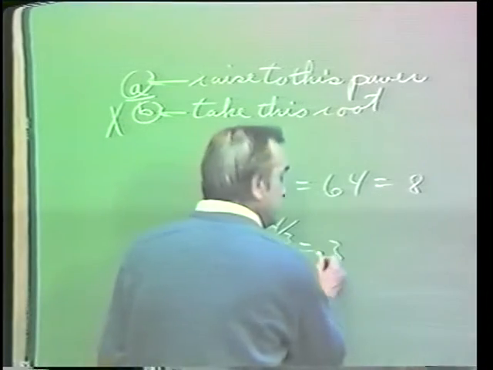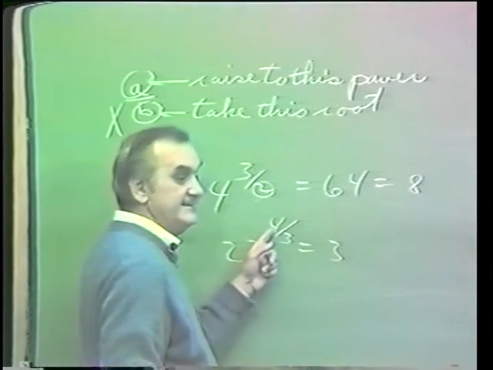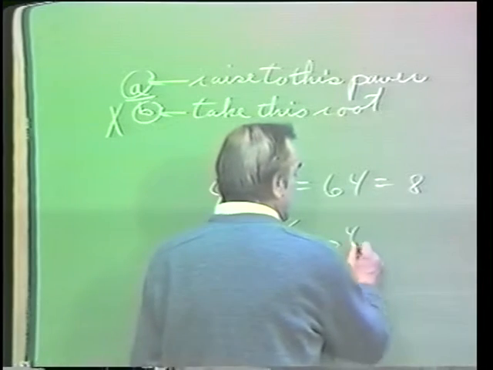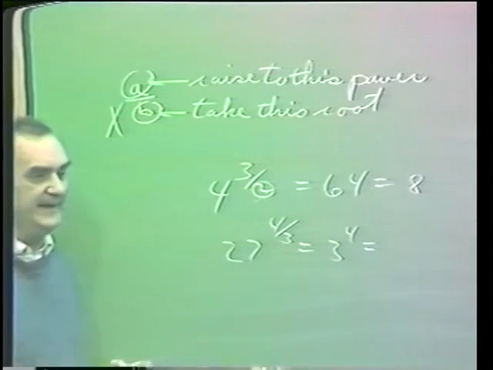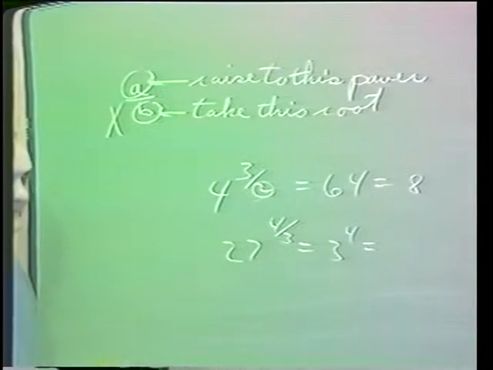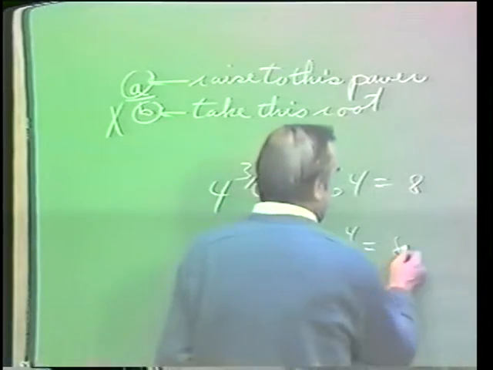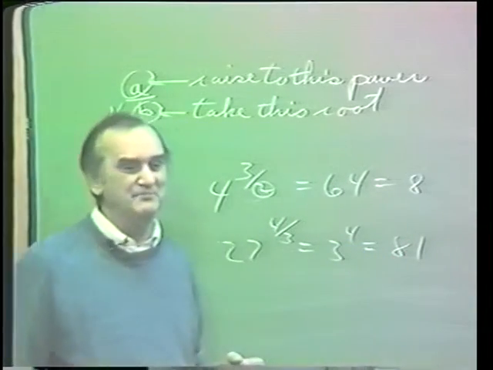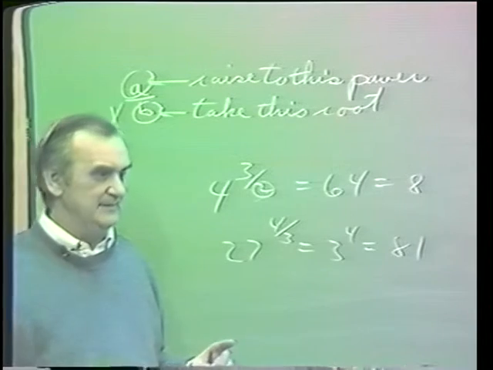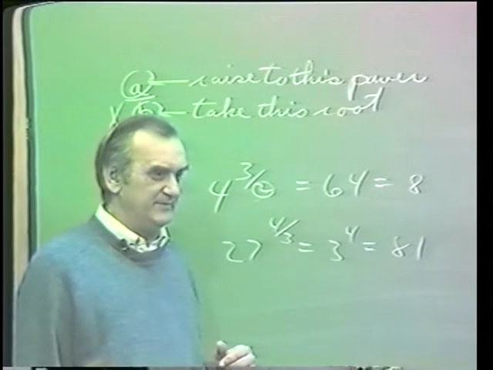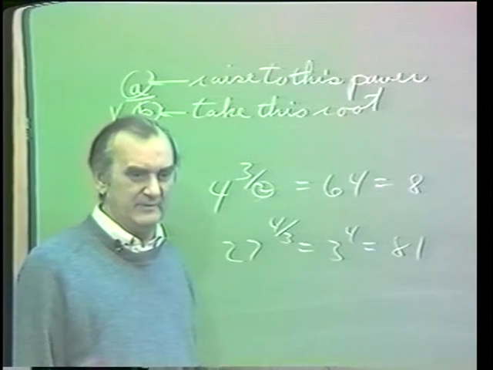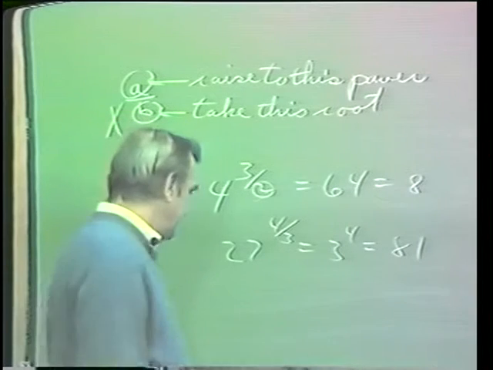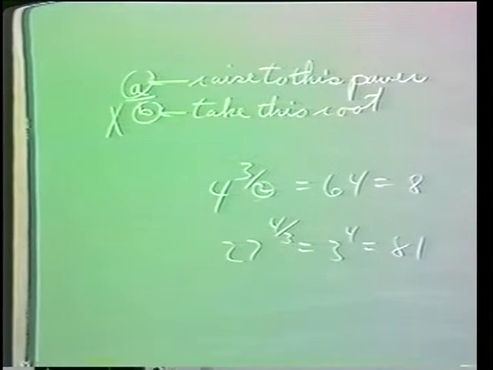And what do we have to do with that 3? We have to raise it to the 4th power. That means 3 times 3 times 3 times 3, which is 81. So you see, it's much easier to take the root first. Take the root first. Then raise to the power.